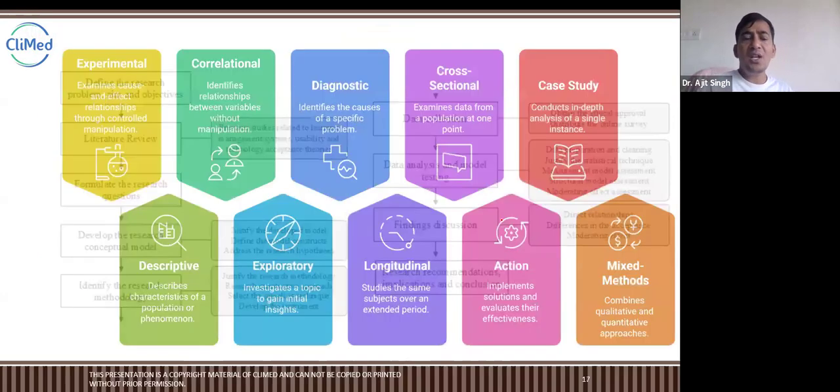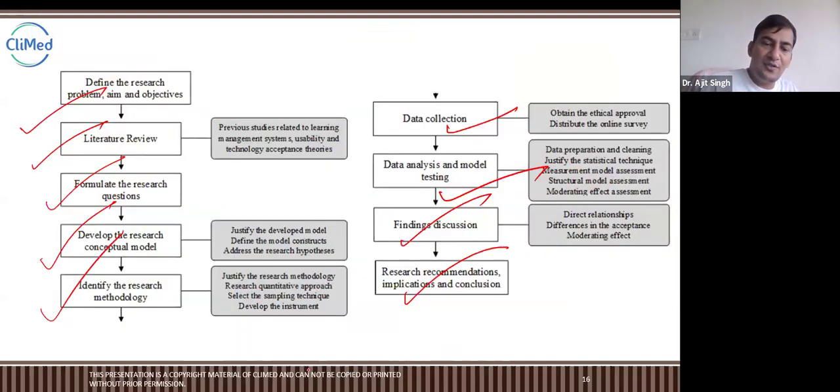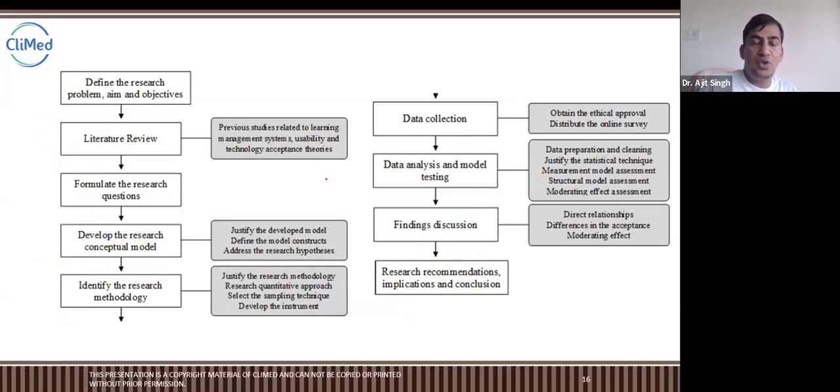Now, types of study designs. Can someone tell me what the types of study design are, guys? What are the study designs you know? Experimental, observational.